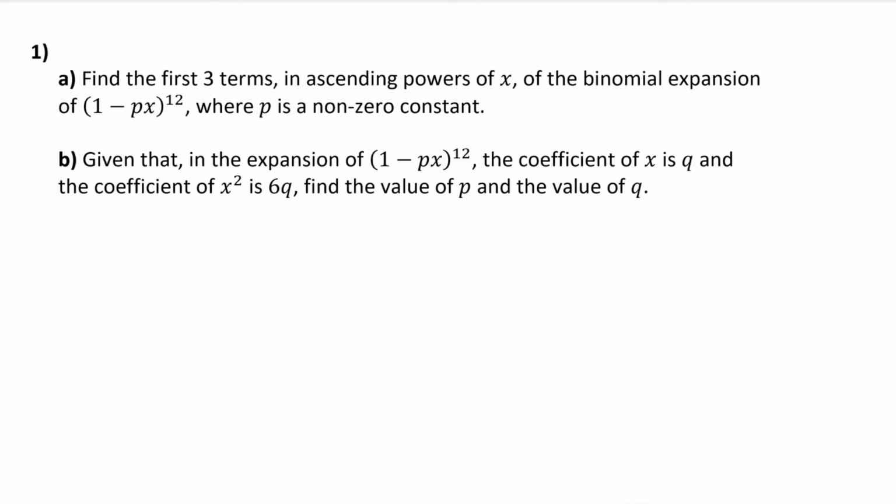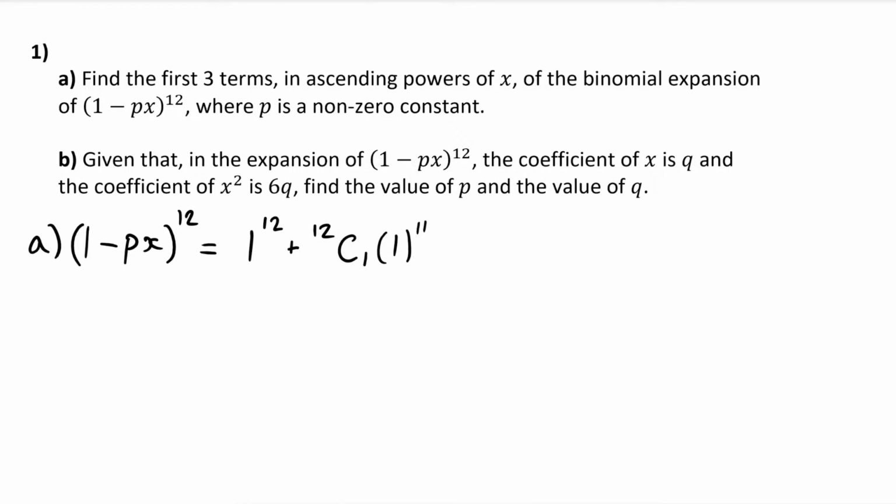Question 1. Find the first three terms in ascending powers of x of the binomial expansion of (1 minus px) to the power of 12, where p is a non-zero constant. For part A, we expand (1 minus px) to the 12 using the binomial expansion formula: 1 to the power of 12, plus 12C1 times 1 to the power of 11 multiplied by minus px.